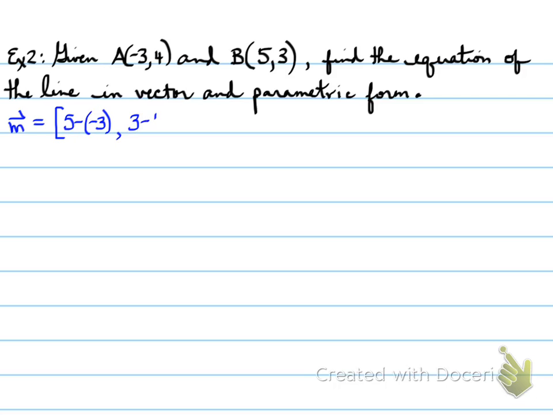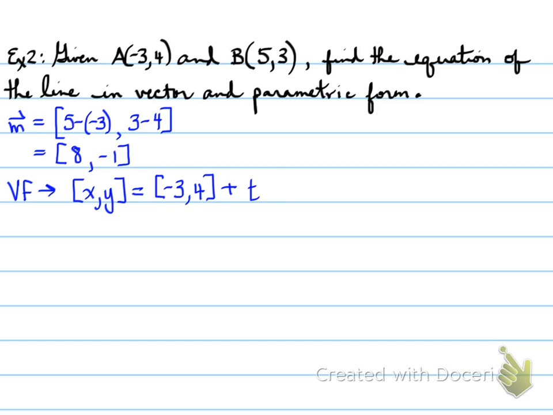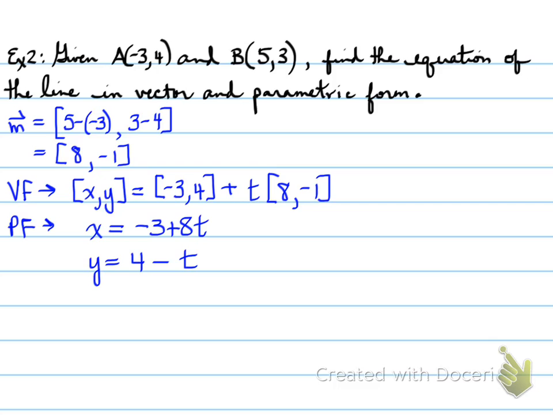The direction vector is basically the vector AB, and that's going to be (8, -1). And you know the vector form is going to be, pick a point, let's say (-3, 4), and we find this point, and then the parametric form is going to be this way.